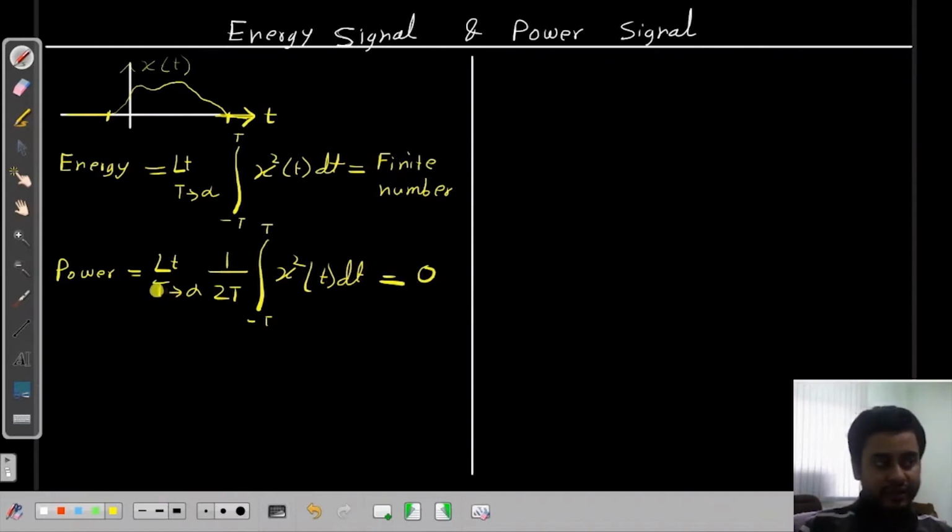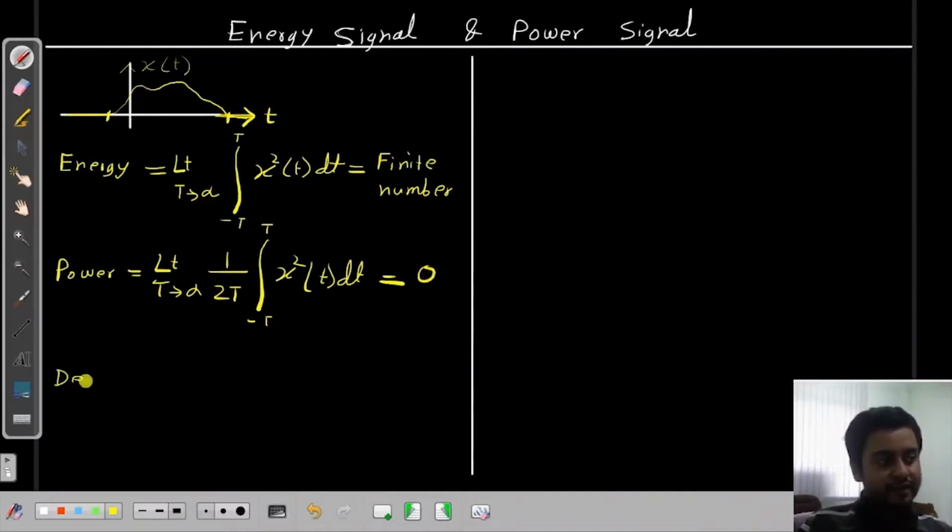As you take larger and larger values of time, the total energy is going to remain the same, but you are dividing by larger and larger values of time, so you will get smaller and smaller values of power. In the limit, it will give you 0.